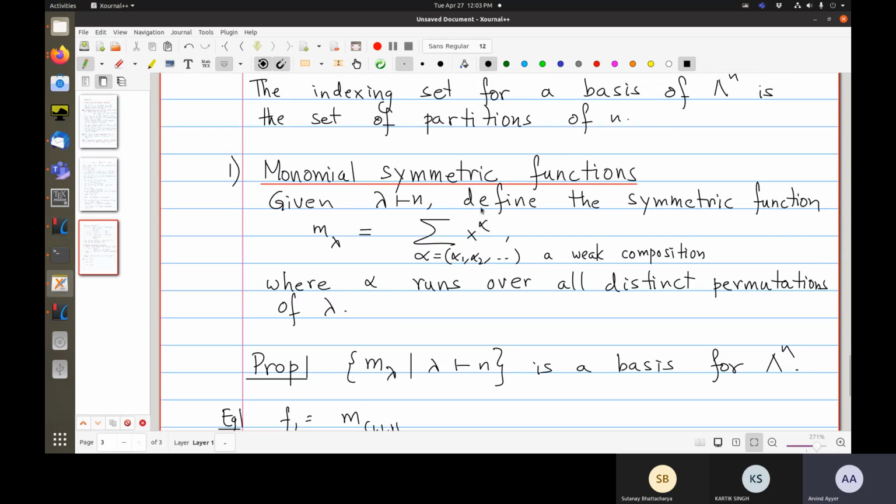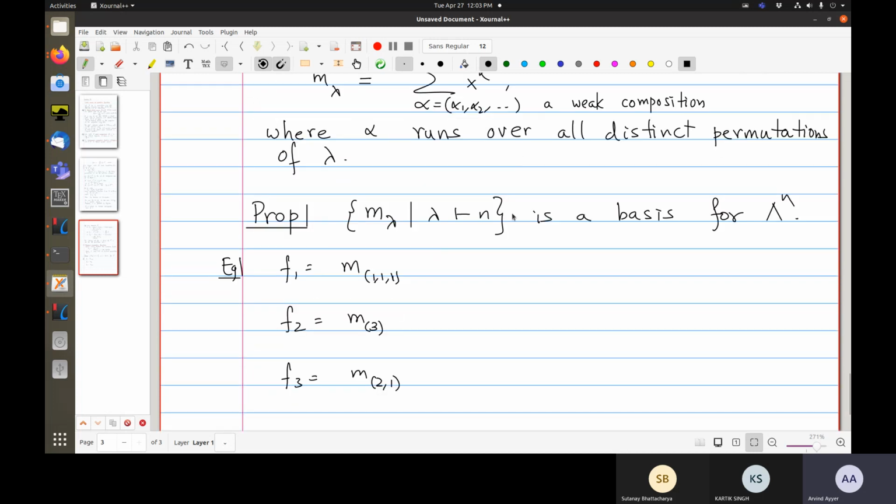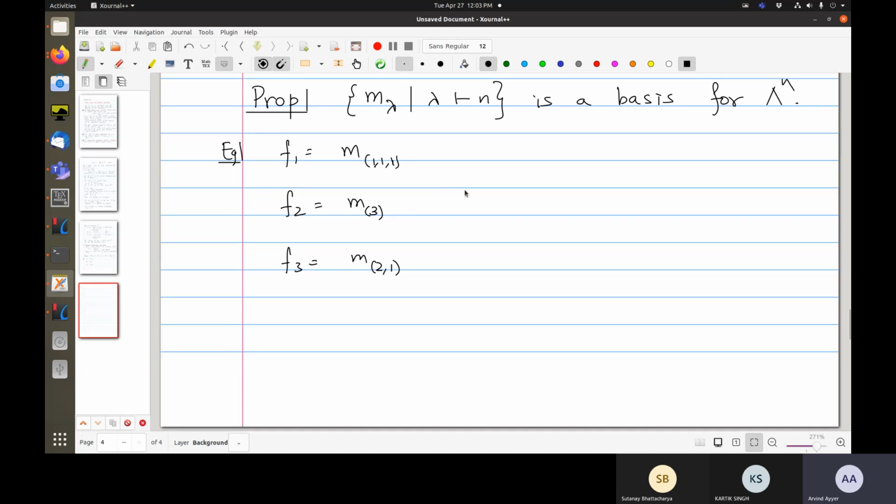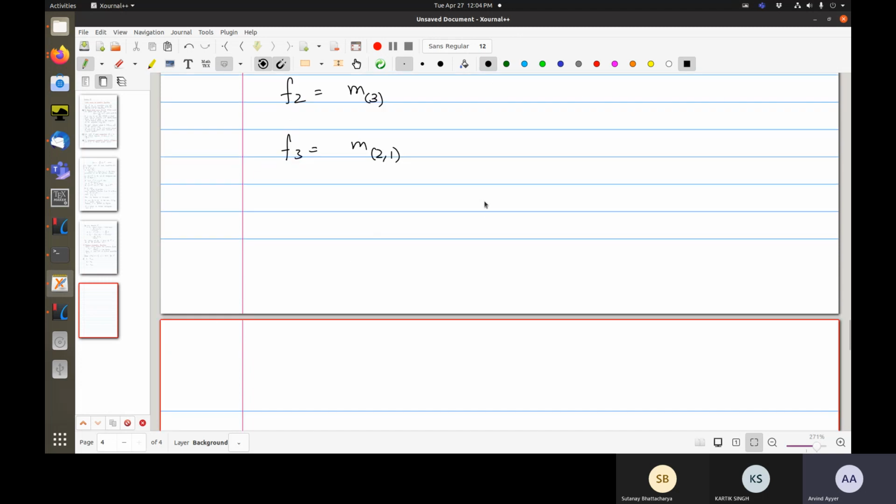The way to build it is to just take a monomial like you naturally would, and then act by all possible permutations of the variables, and you will get a monomial symmetric function. As I said, it's easy to show that this forms a basis, and I'm not going to give all the proofs because this is a crash course. But if you need me to expand on anything, I can do so.